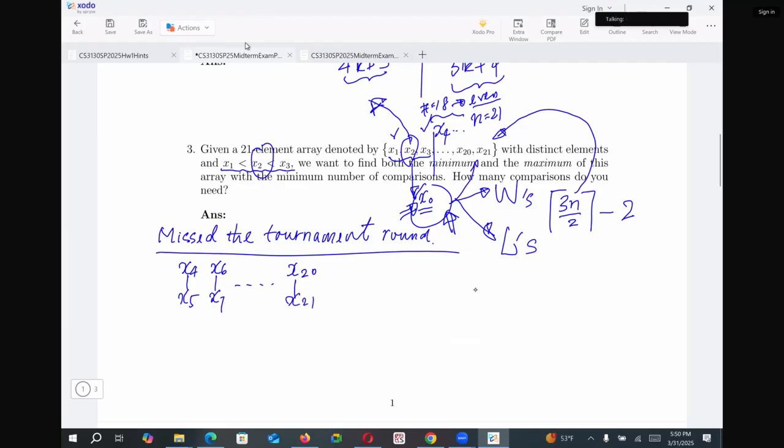How many pairs? You need to figure out: 21 minus 3 is 18, 18 divided by 2 is 9 pairs. So in the tournament round, nine comparisons, right?